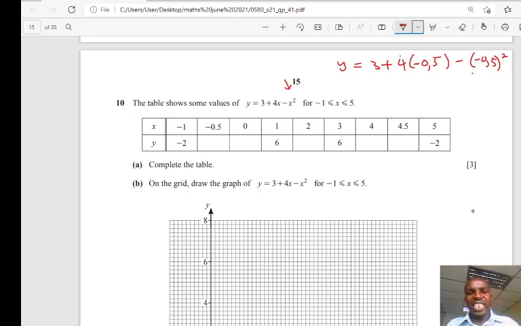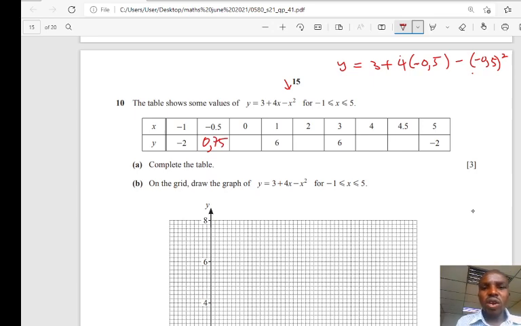You put 3 here, then plus 4, then open bracket, minus 0.5, close bracket, then minus, then open bracket, minus 0.5, then squared, close bracket, then squared. That's what you do.